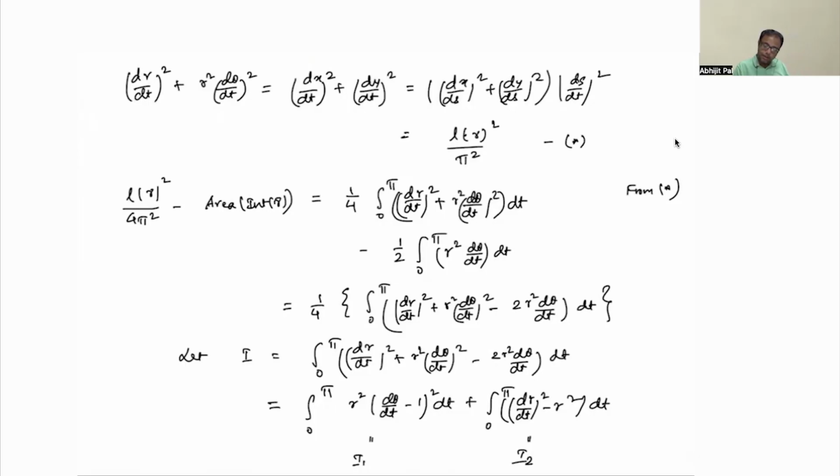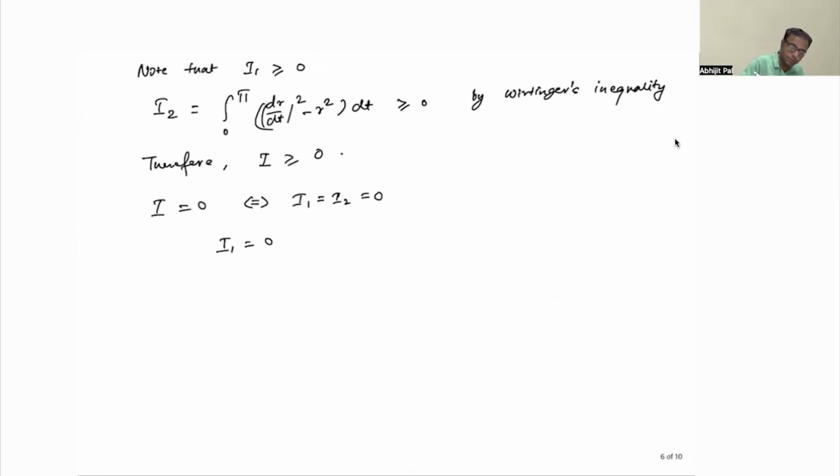So it will imply that d theta/dt minus 1 is equal to 0. This implies that d theta/dt is equal to 1, so theta is equal to t plus alpha. And I2 equals 0.